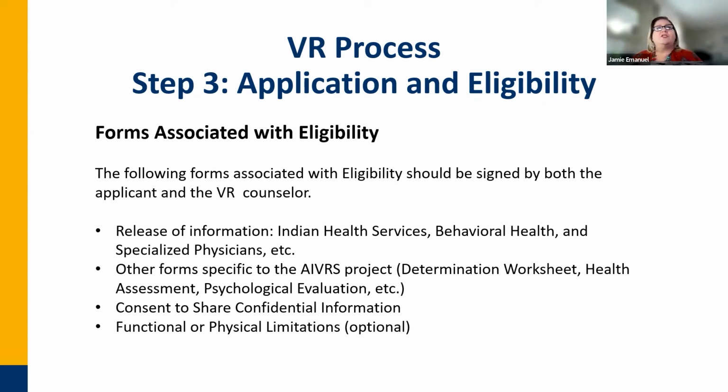Also, a consent to share confidential information. If you have a representative for your consumer or for your participant, then you may need to also have a release form giving consent to share that confidential information. And also, if you have any type of functional or physical limitations, this is optional depending on your project's policies and procedures.